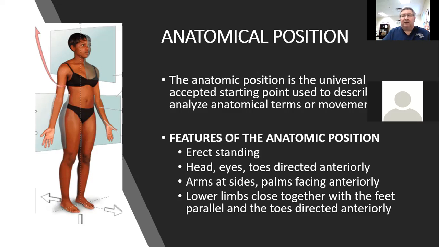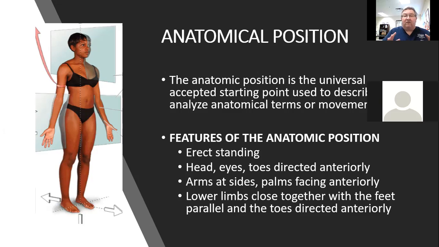On the next screen, we're going to talk about different planes and how movement occurs in each of these planes. The problem is we have to have a starting point. And the starting point in the medical world is the anatomical position. So every movement that we perform and every movement that we go over today, you always want to think of it within the starting position of the anatomical position.